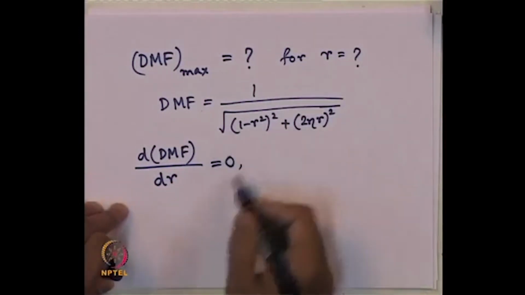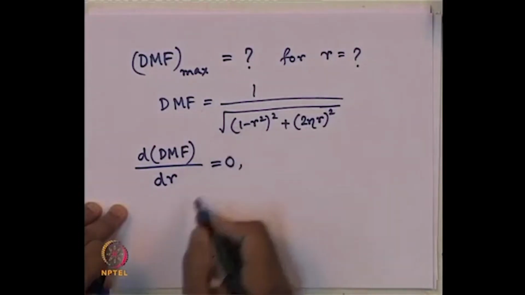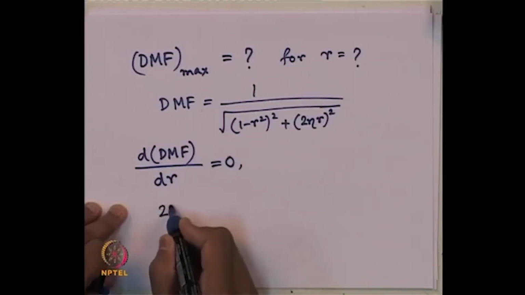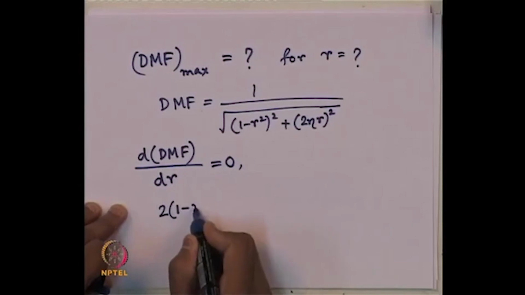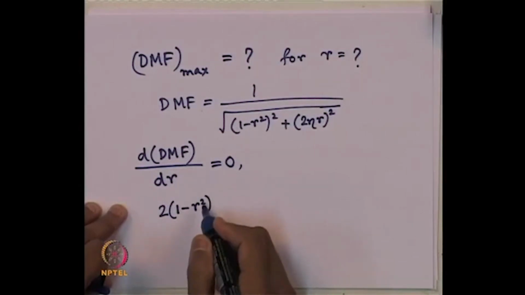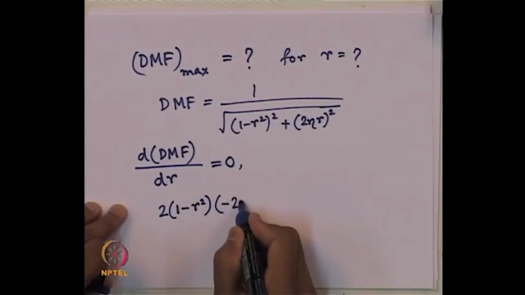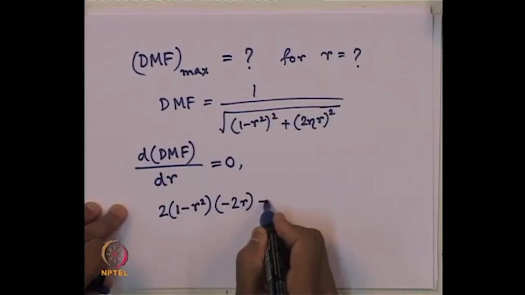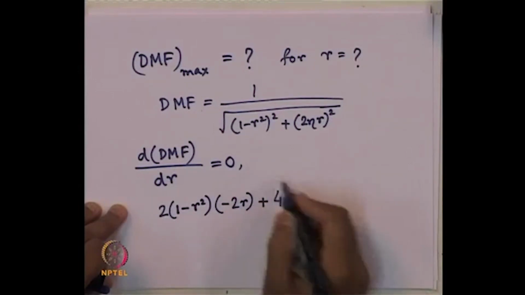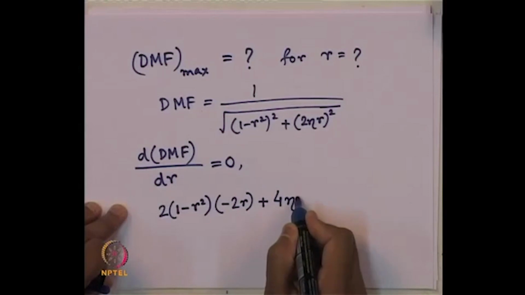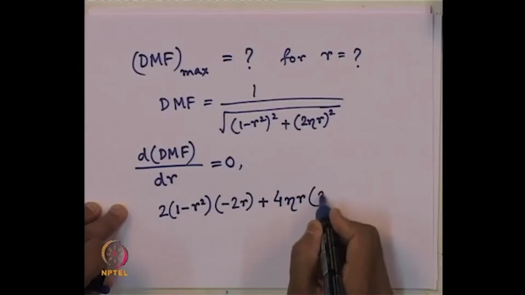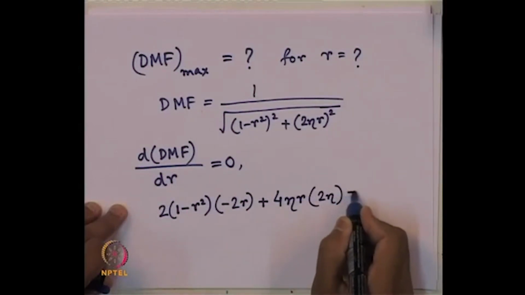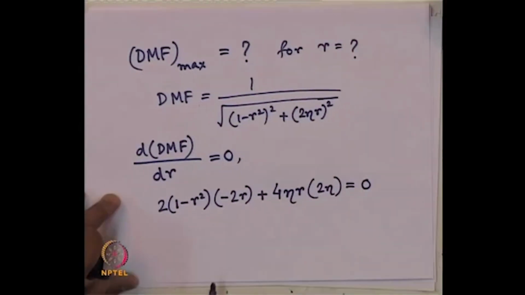From the denominator, by expanding it, I can write: 2 (1 minus r square) times minus 2 r, plus 4 eta square r, equals 0, by differentiating with respect to r.